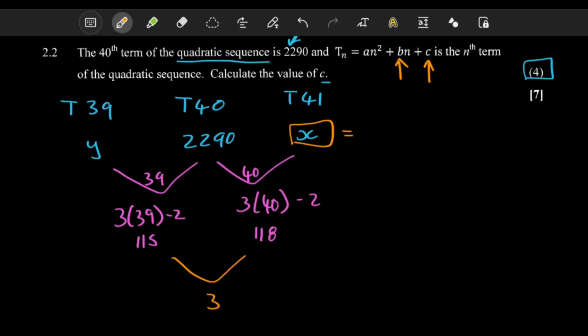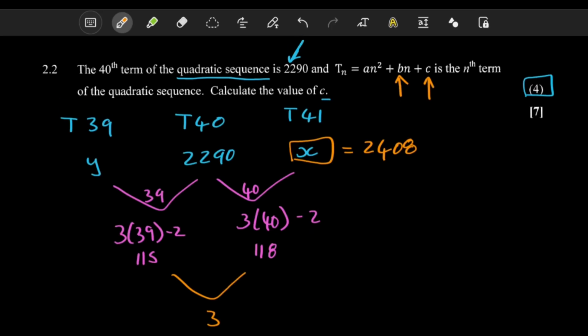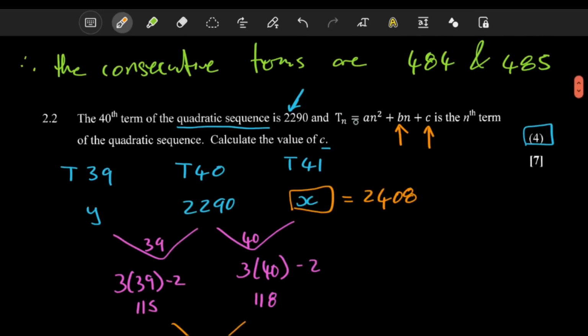So let's do that. 2290 plus 118 should give you 2408. So you have T40 here, and you have T41.